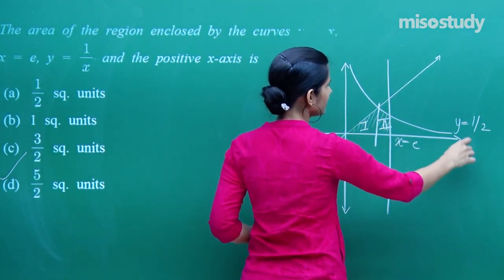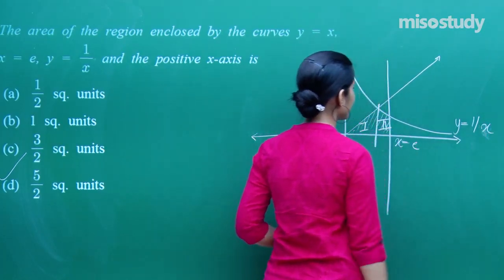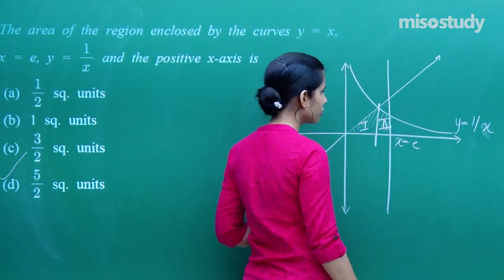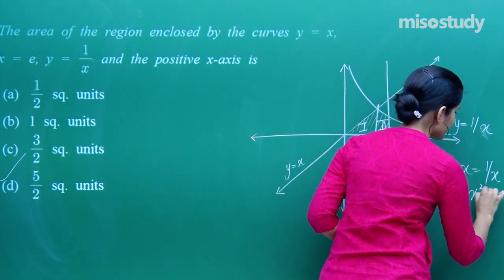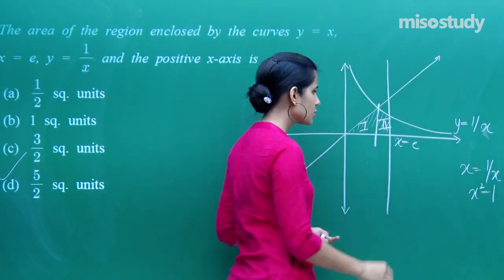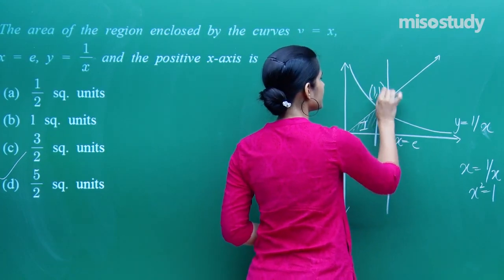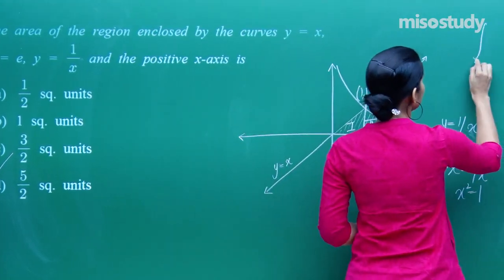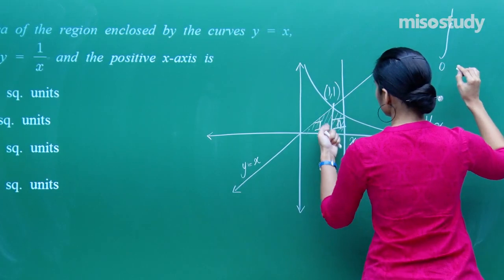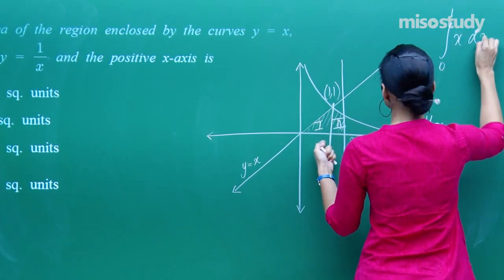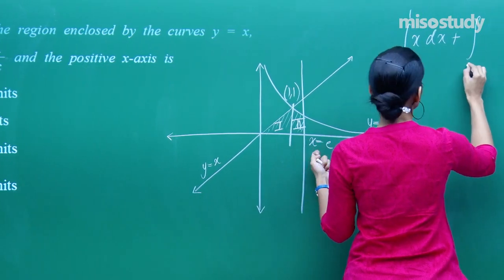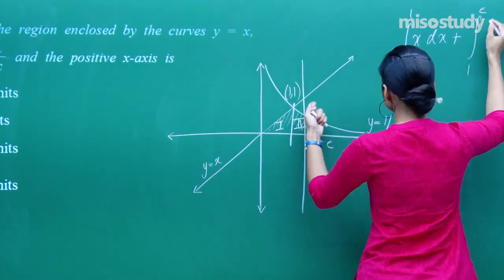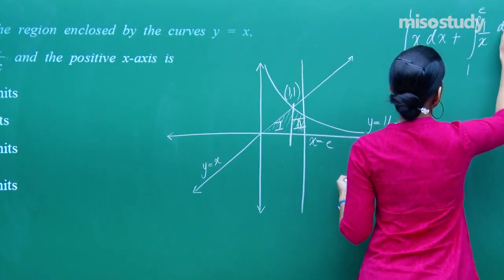This point is the intersection of y equals 1 by x and y equals x. So x is equal to 1 by x, x square is 1, x is plus minus 1, clearly this will be positive, answer is 1 comma 1. You get area is integral 0 to 1 of x dx plus integral 1 to e of 1 by x dx.